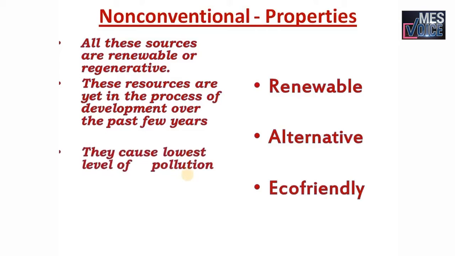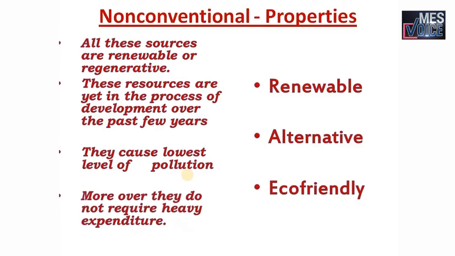And they cause the lowest level of pollution. As you know, wind energy or solar energy hardly produce any smoke, gas, dust, nothing. So we can say that they are pollution-free sources.